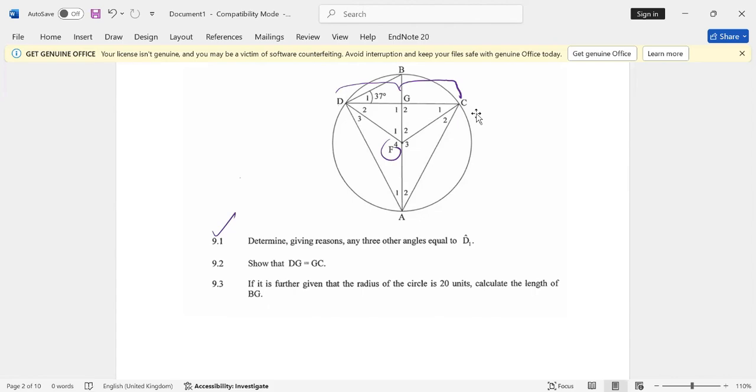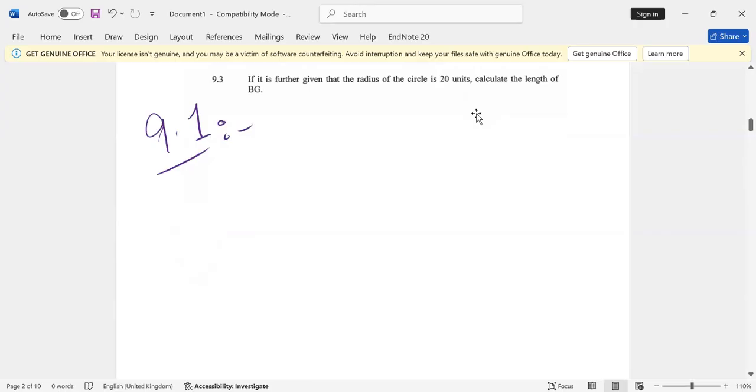Okay, so first of all we have to solve 9.1. Okay, so we use the angles subtended by the same arc and the angle bisector property. So the first point we have to make is that A1 equals D1, that is equal to 37 degrees, angle subtended by the arc BC.